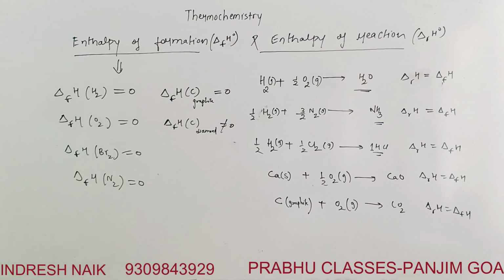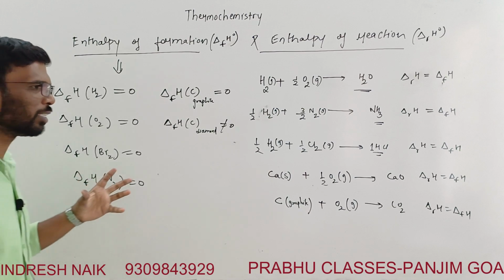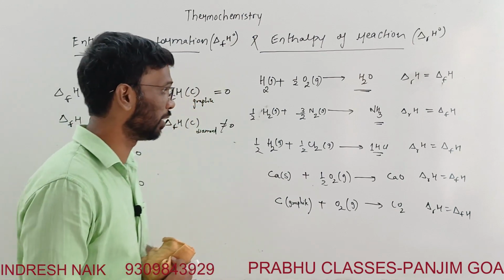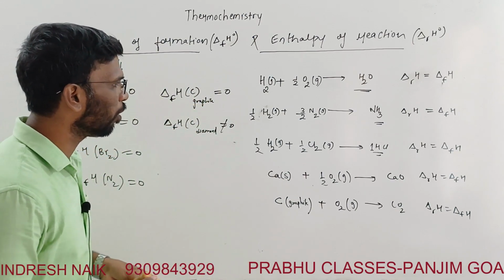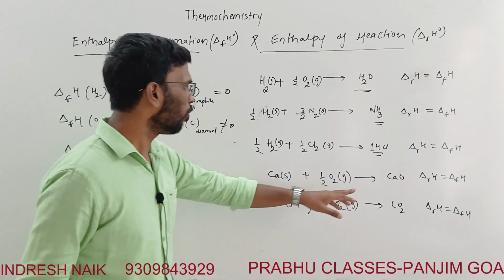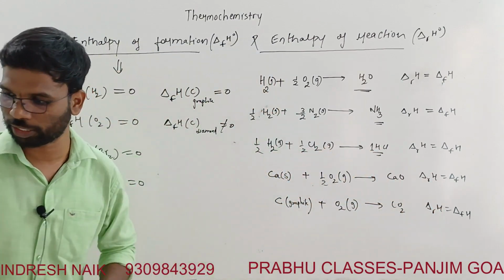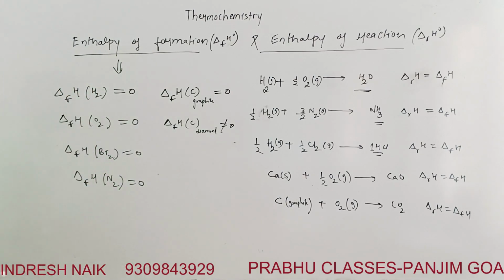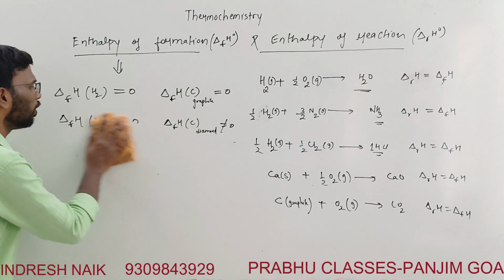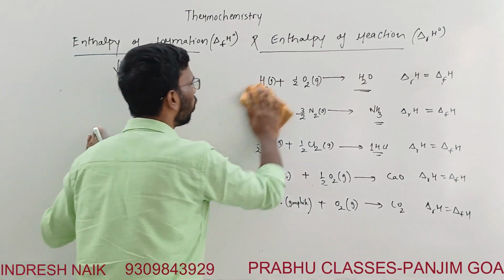Now what is enthalpy of the reaction? For a given reaction, how do we find the enthalpy of the reaction? See, for everything there is an enthalpy of formation. So let's write the relationship between the enthalpy of the reaction and the enthalpy of the formation.